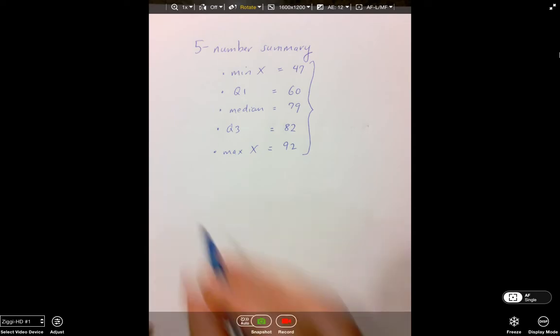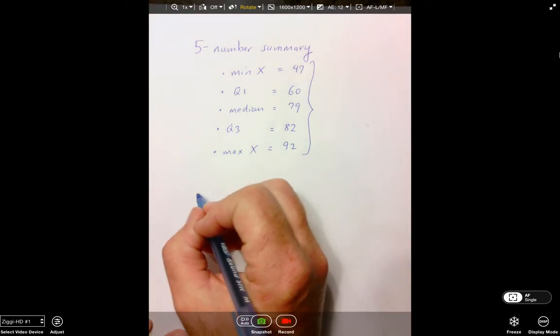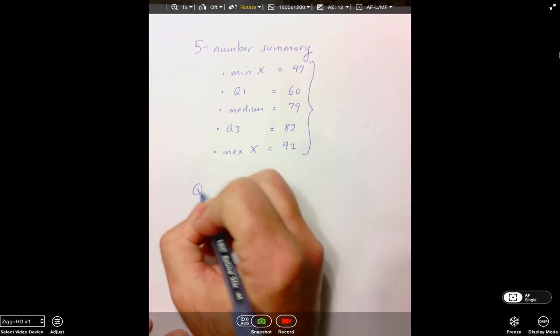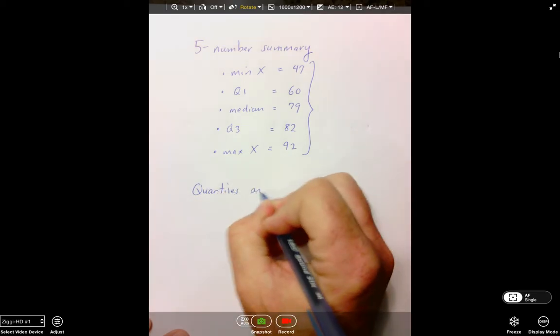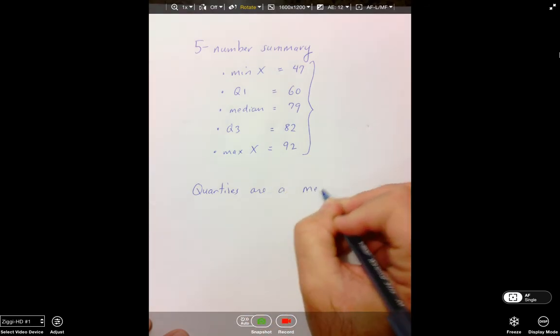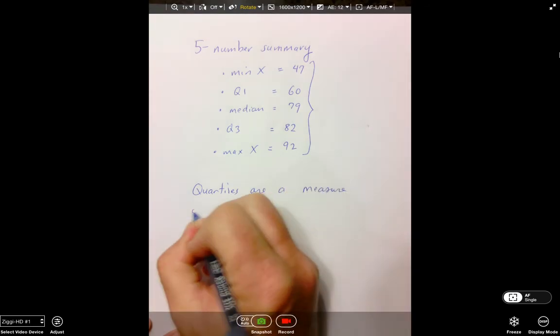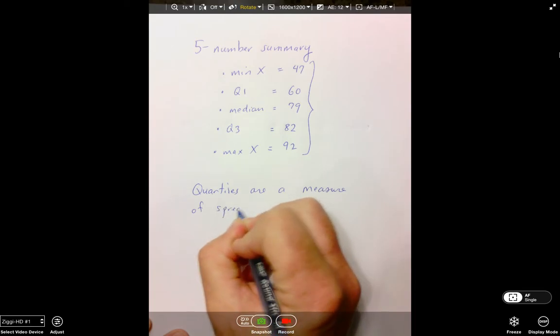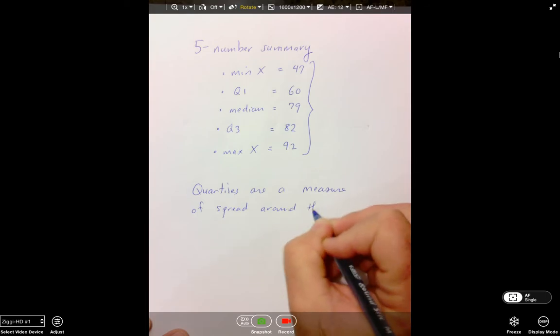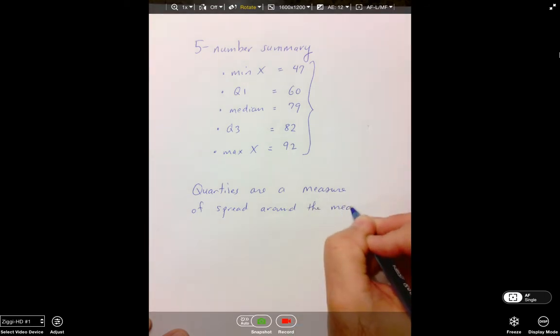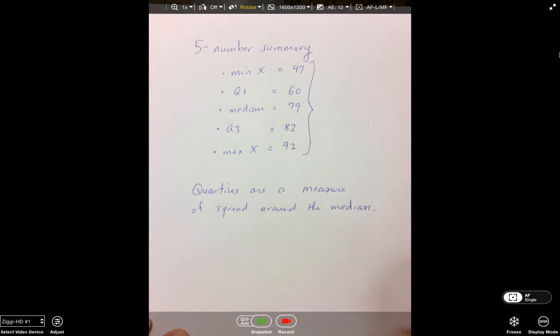Now, notice that the quartiles are a measure of spread around the median. Right?